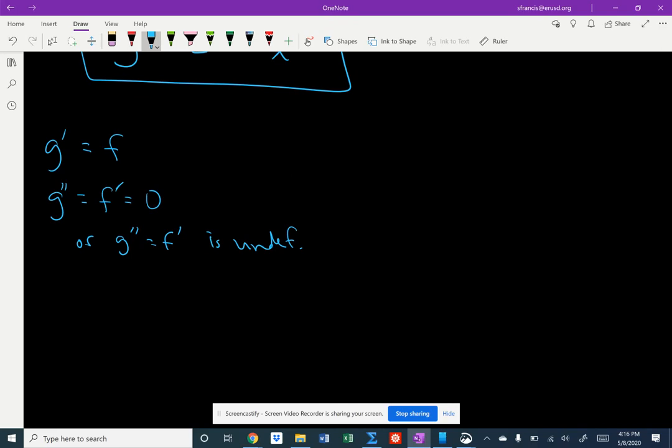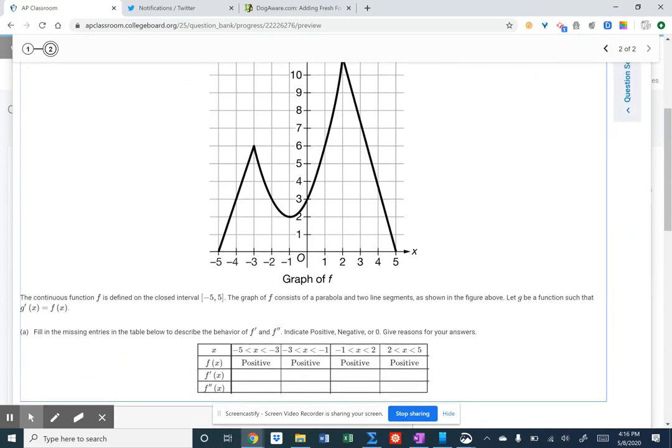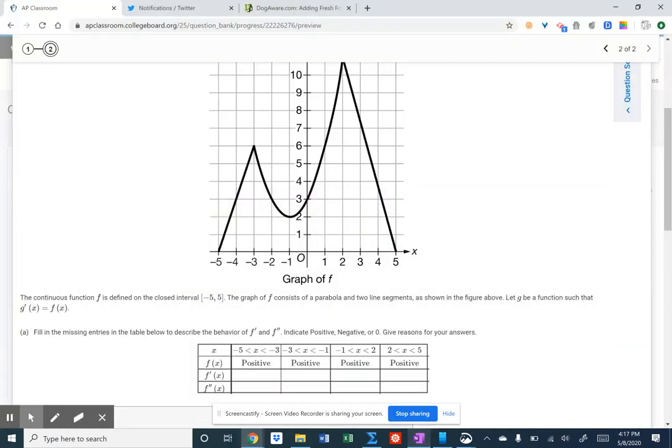Now f' is equal to 0 when the slope of the graph is 0. Where's the slope equal to 0? That's at x equals -1. Now, where is f' undefined? That's where we have all the sharp turns, so that's at -3 and 2.